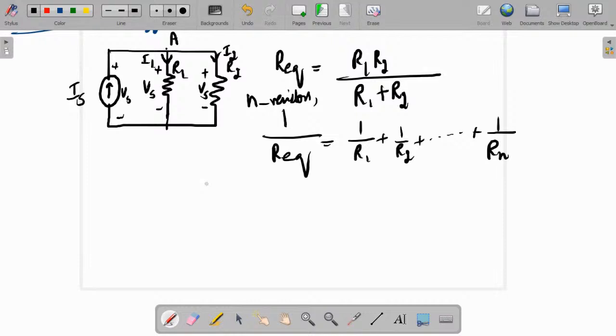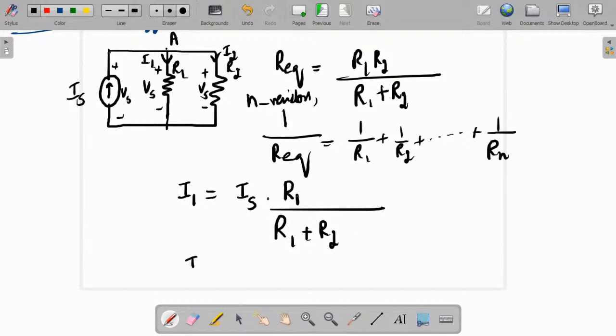Here, what about the current? The current is what differs, right? The voltage is going to be the same. So what is the current through the resistor R1? I1 is equal to the total current Is into the associated resistor R1 divided by the sum of resistances R1 plus R2. Then I2, the current through resistor R2, is given by the total current Is into the associated resistance R2 divided by the sum of resistances R1 plus R2.